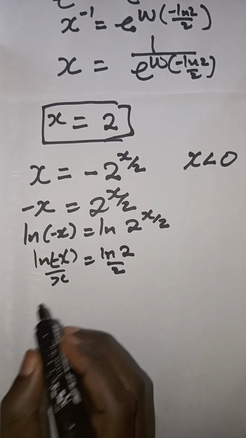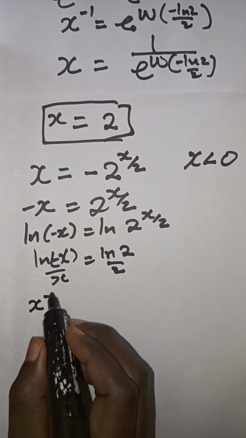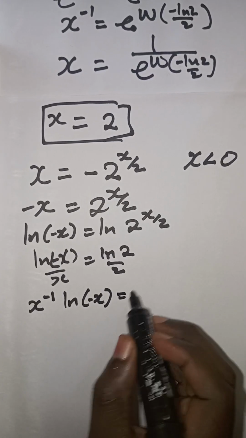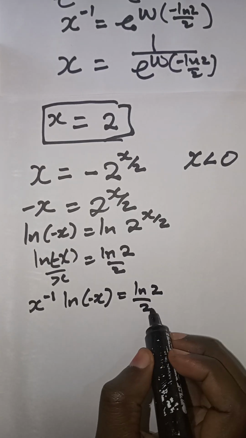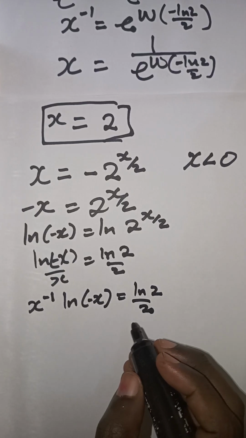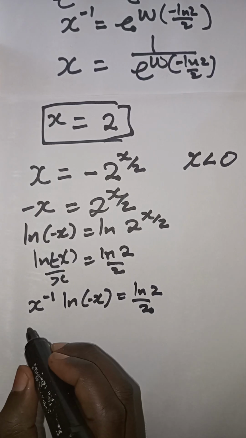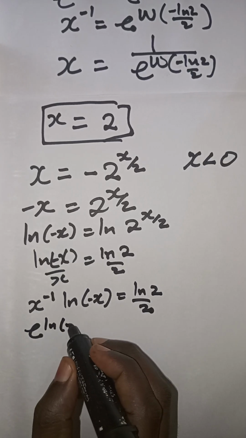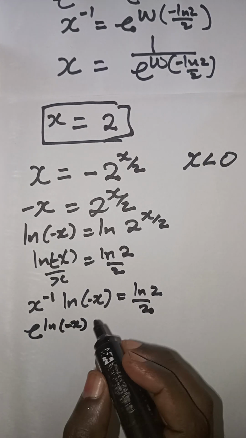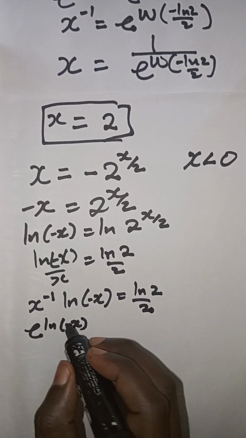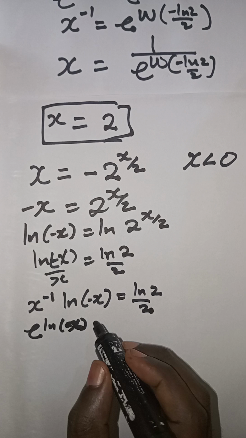Of course, this can be written as x to the negative 1 ln of negative x is equal to ln of 2 divided by 2. Then I'm going to introduce e to the ln of negative x.